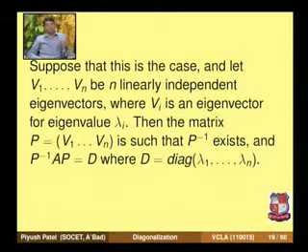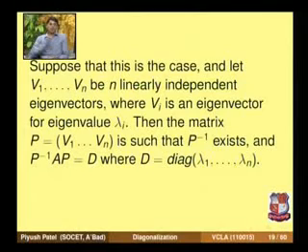So from this procedure you can say the model matrix P is not unique, and the resultant matrix D is also not unique. Why? Because if you shuffle the columns of the matrix, then we get a different model matrix, and accordingly we will get a different diagonal matrix.